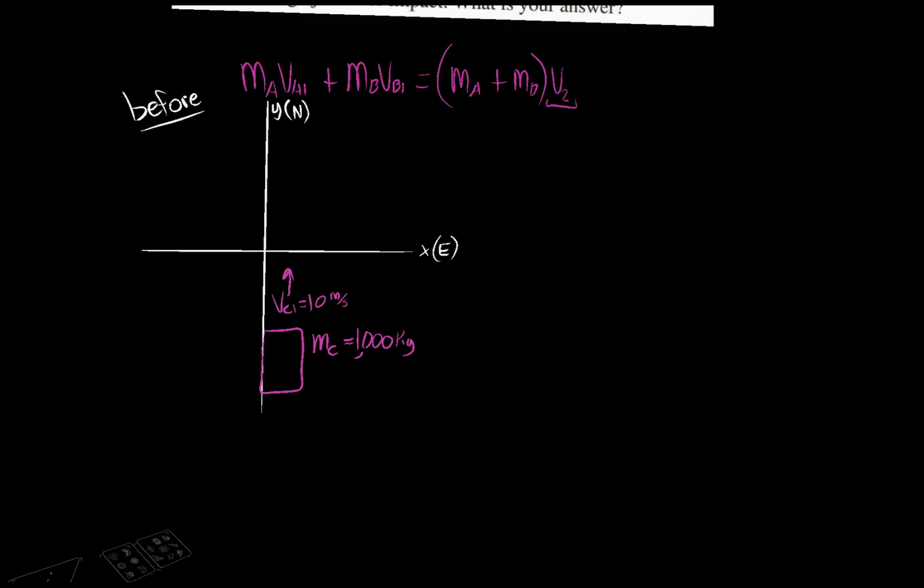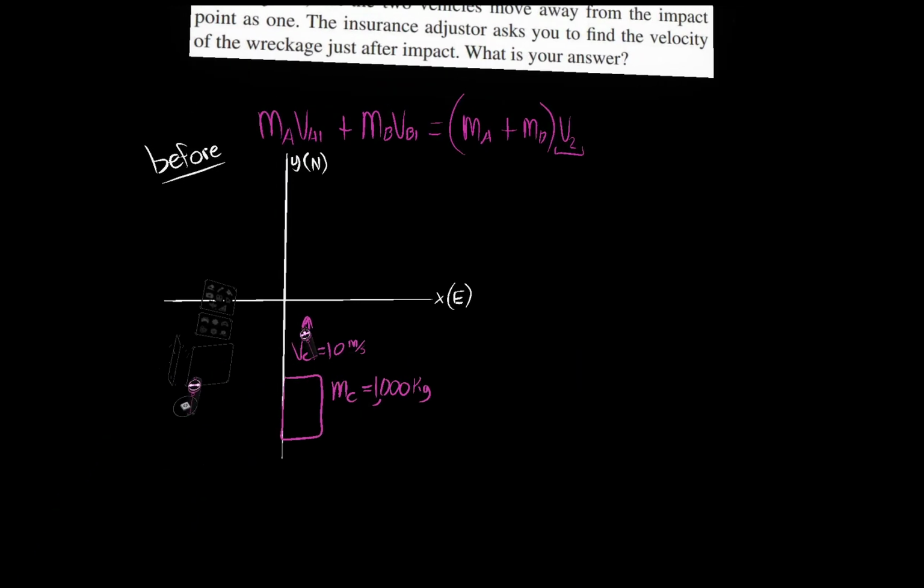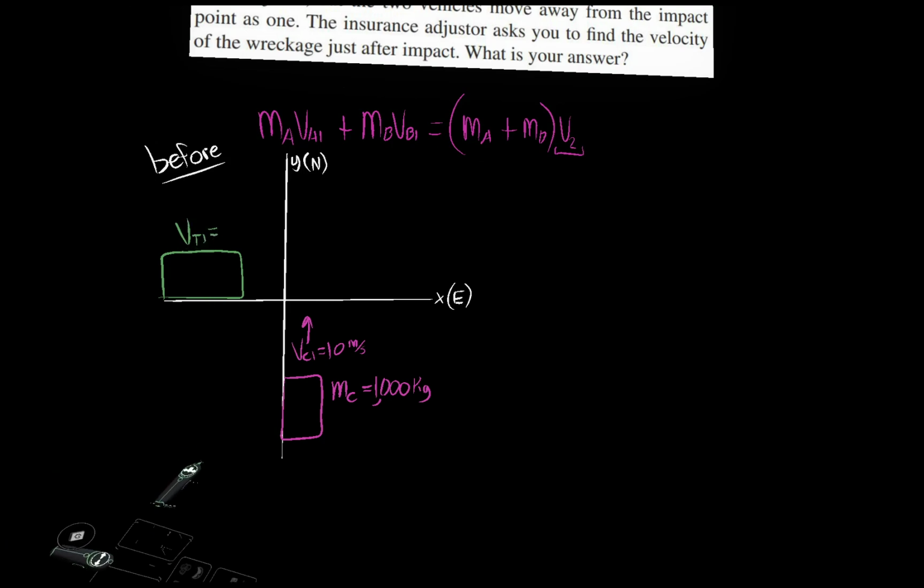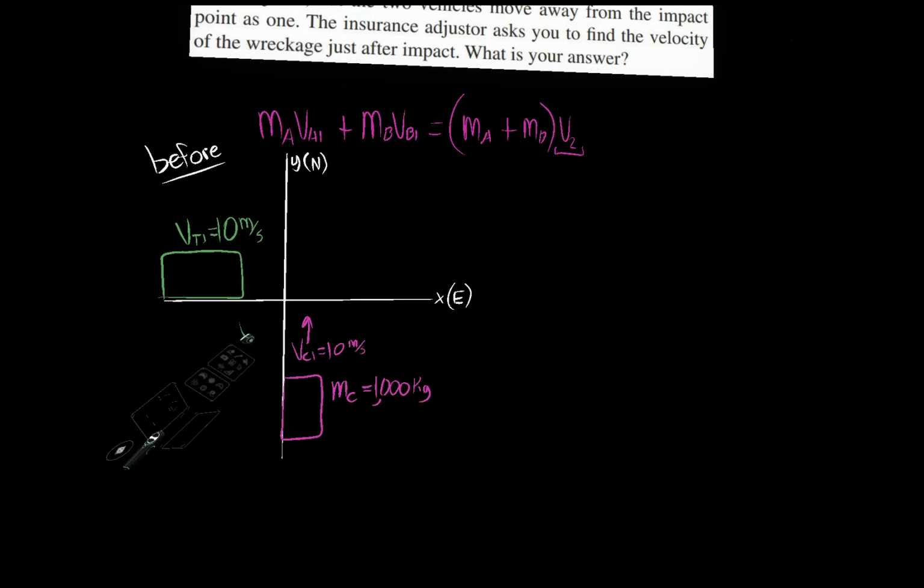All right, and then we have a truck. So let's do greenish for a truck, and it's going east. So we're going to start it over here. It's a little bigger than the car. And so v_T1, the truck's velocity, is, oh whoops, I wrote the wrong velocity. So the truck's velocity is 10 meters per second, and the car's velocity is 15 meters per second.